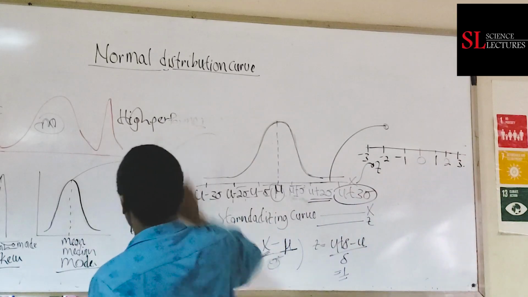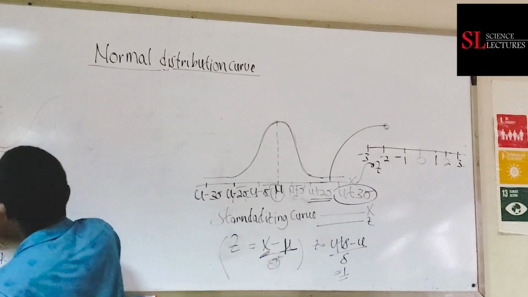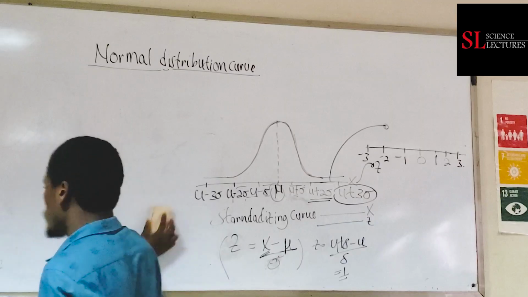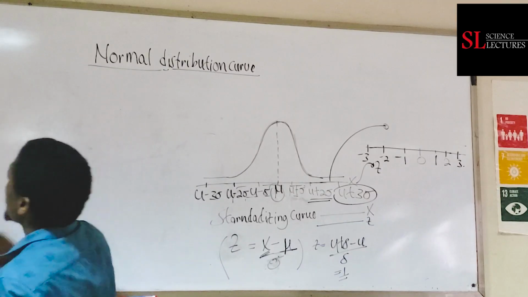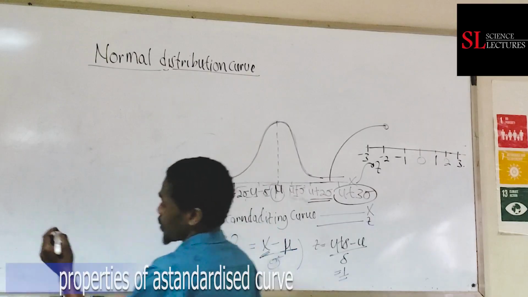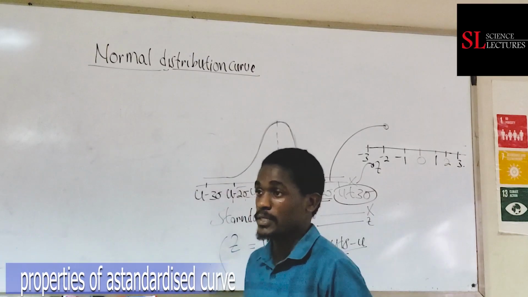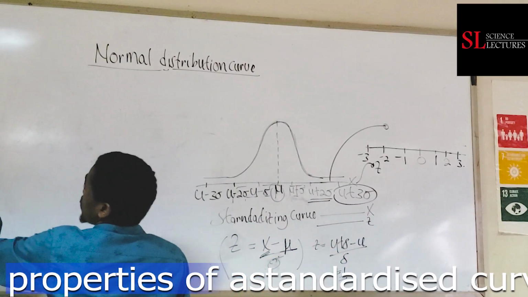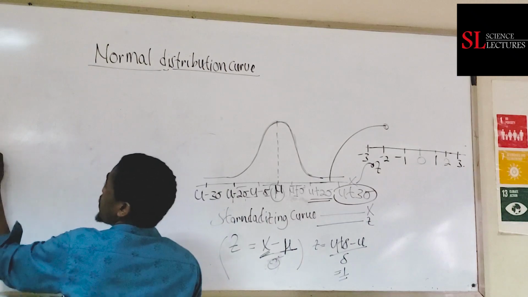Properties of standardized normal distribution curve, because the other ones were properties of a normal distribution curve. But now we are saying standardized normal distribution curve. So what happened when we standardize this curve? The curve still, interestingly enough, remained bell-shaped.